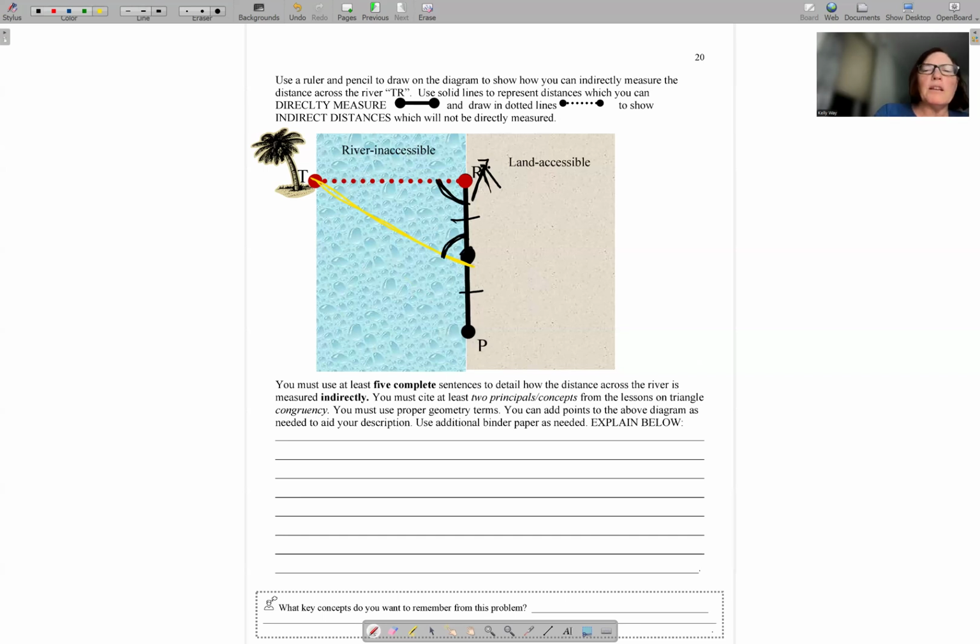And you could recreate that angle on land. And you can make sure that these two segments were congruent. By recreating a triangle on land, you could indirectly get that measurement. There's a couple ways to do that. You need to write up a description and draw an appropriate diagram that goes with it.